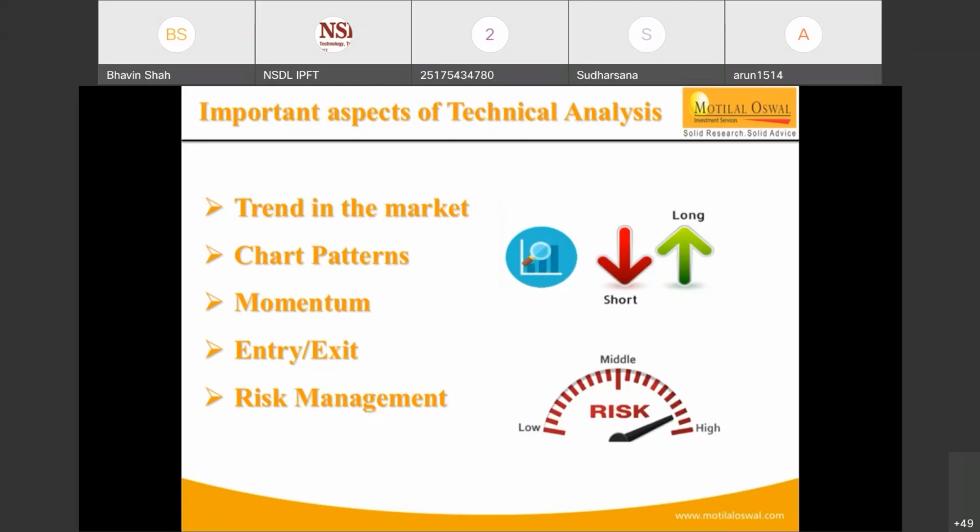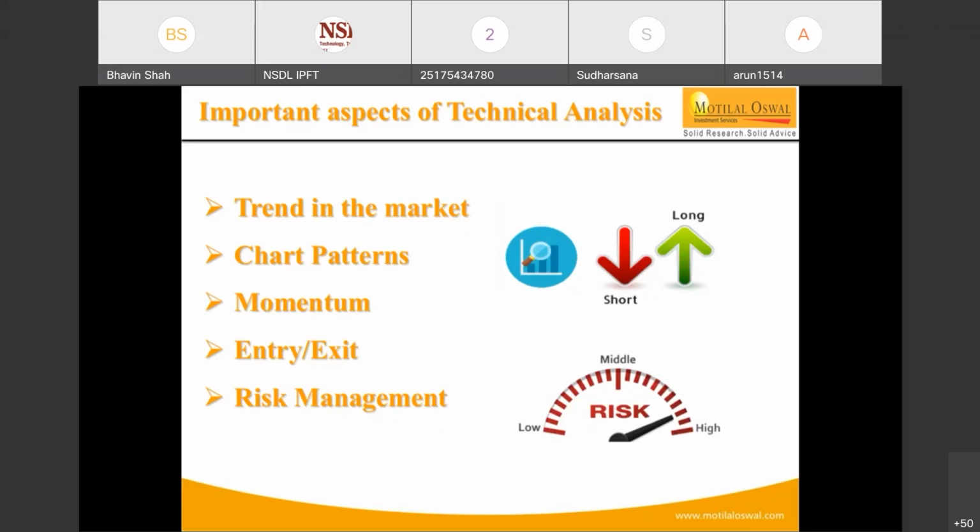Once you are with the trend, it becomes very easy to enter a trade or exit a trade. So the first and foremost important thing in the market is the trend. We will discuss the trend, then we will discuss the chart patterns. These are the two primary objectives for us in the presentation today.